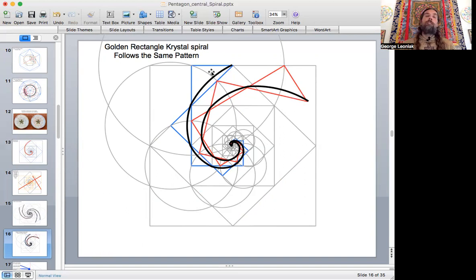But we basically have a golden crystal spiral in relationship to the regular crystal spiral. And this, to me, is a much better comparison. It's essentially the crystal spiral, but it's got a golden rectangle. So it's a more equal comparison. Of course, the golden spiral is different, but the golden rectangle is part of this crystal spiral geometry just by the very nature that it's found within the square.